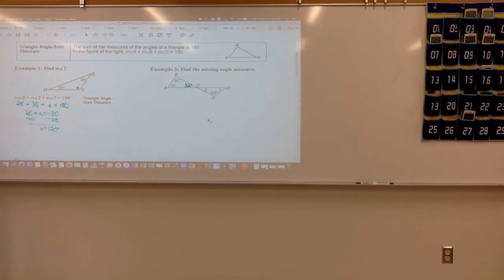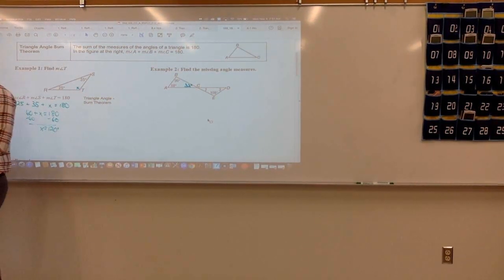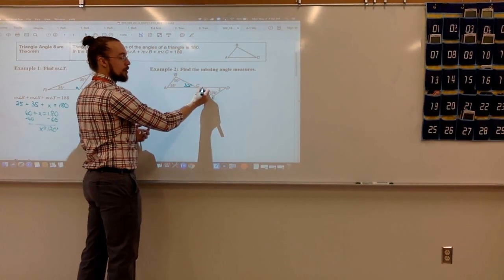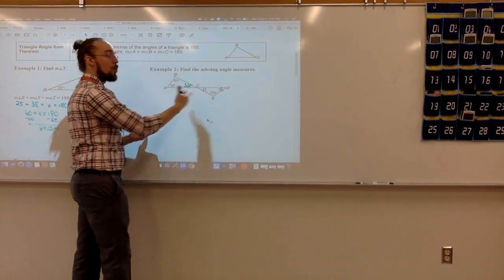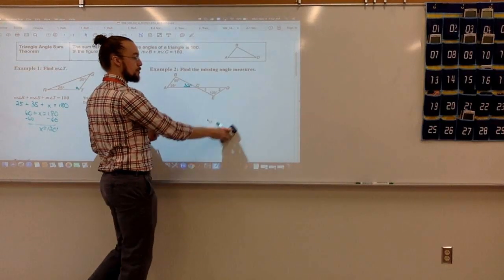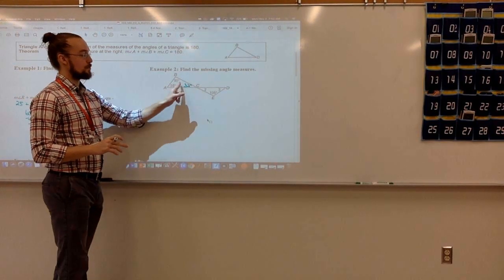Well, it kind of looks like they are, but we don't know that for sure. We're not told that anywhere. If we had markings in here, like this, that told us those two angles were the same, then we could do that. But in this case, we don't know for sure that those two angles are the same. These two angles are vertical.